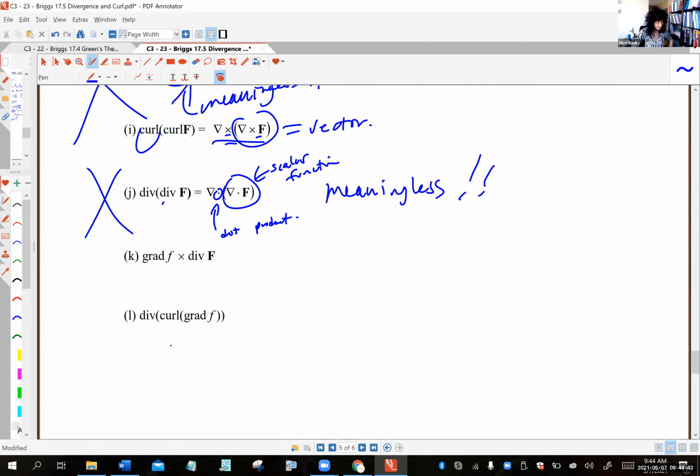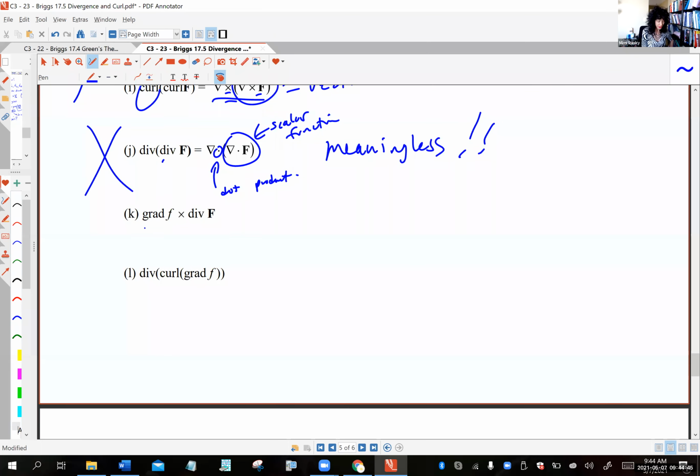Okay, two more. Can you take the gradient of f, which I hope you know is a vector, and take its cross product with the divergence of f, keeping in mind that the divergence of f is a scalar function? Can you take the cross product of a vector with a scalar? You guys should know the answer to that.